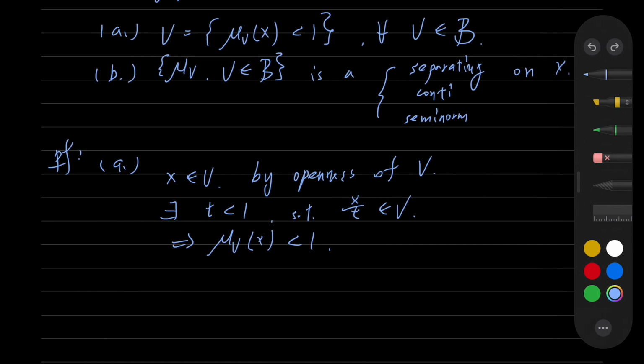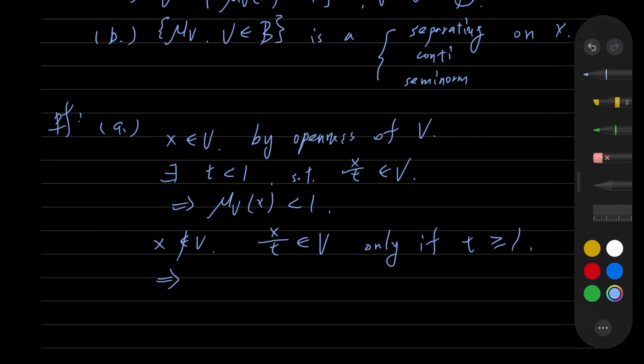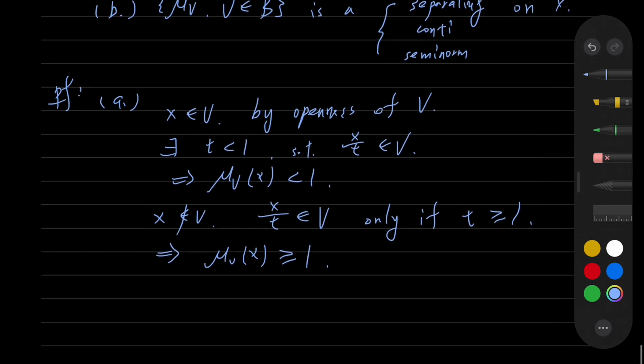Next, on the other hand, if x is not inside V, when x over t is inside V, this can only be possible for t larger or equal to 1. So this also implies that mu v of x is larger or equal to 1. So this finishes the first part. So V is equal to the set where mu v of x is smaller than 1.